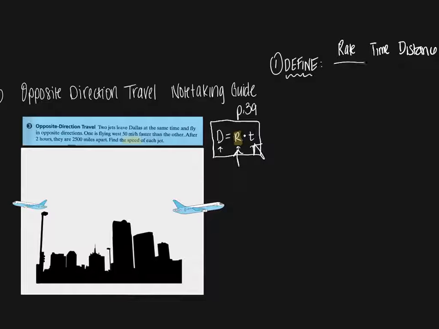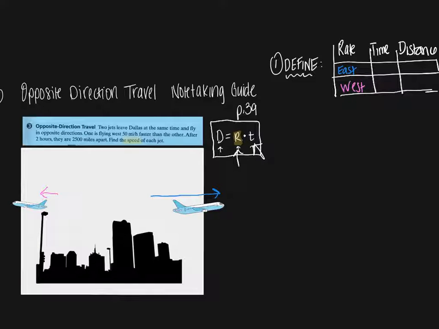But remember that for each of these items, I have two separate sets of information because I have two different planes. I have this guy who's going east. We're just going to write the eastbound here. And then I've got this guy who's going west.